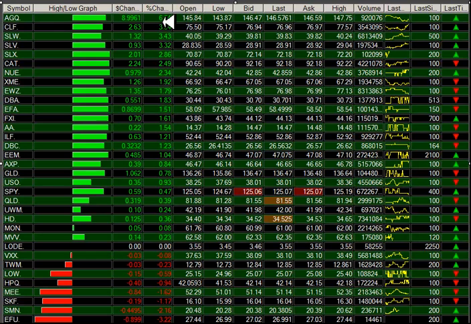I also like to see the dollar change, more importantly the percent change, and this is my default sort right here. I like to see the percent change day over day, and so at this moment AGQ was up 6.5%, Silver Wheaton and silver both up 3.5% roughly. And when I sort by percent change, you can see some trends beginning to emerge.